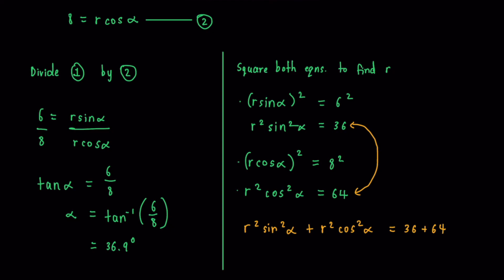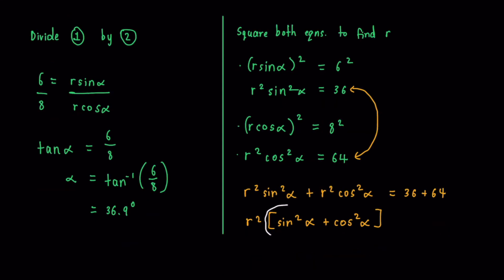What do we have that's common between this? What we have common is the r squared, so we could pull it out. We know that this identity here, sine squared alpha plus cos squared alpha is equal to 1.